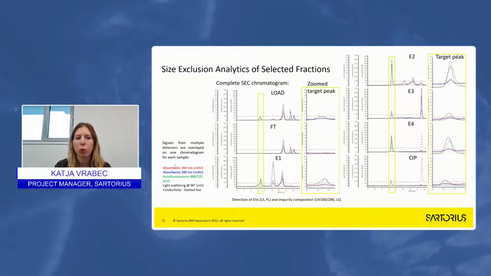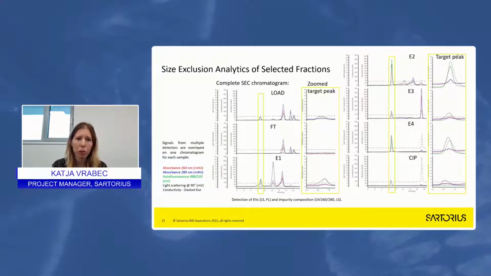You can see that absorbance was monitored at 2 wavelengths on the PATfix system, 260 and 280. Fluorescence was monitored at emission and excitation settings for CD63 EGFP protein, so for fluorescently labeled EVs. And light scattering was monitored at a 90-degree angle.